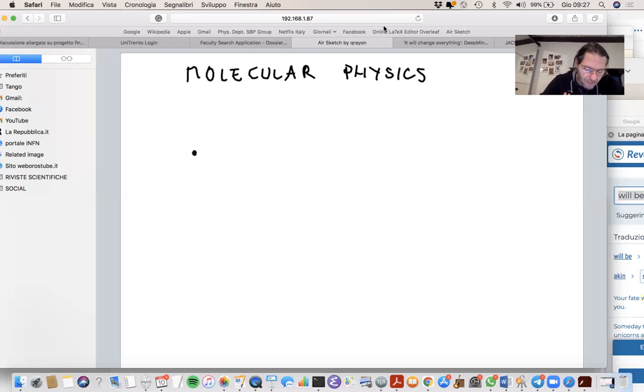So we suppose we have two hydrogen atoms, with a given nucleus at position Ra, that's the first hydrogen atom.